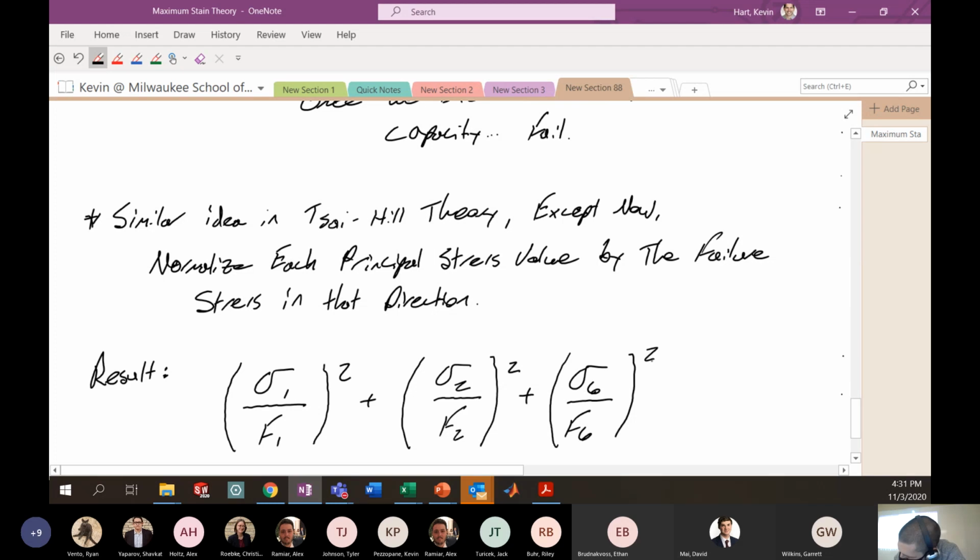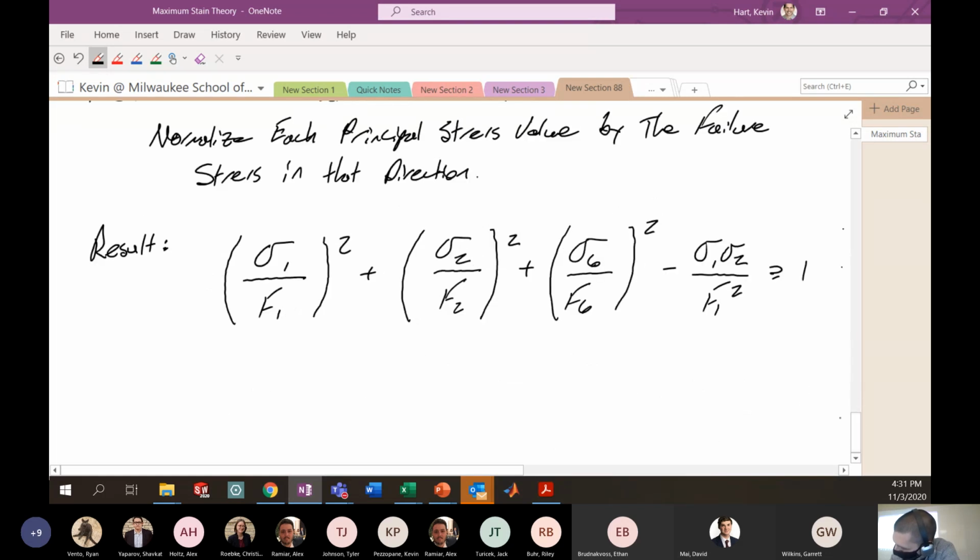And then we have this interaction term, which also occurs in your von Mises stress: minus sigma 1 sigma 2 over F1 squared. If this is greater than or equal to 1, you fail. So this is your Tsai-Hill theory.